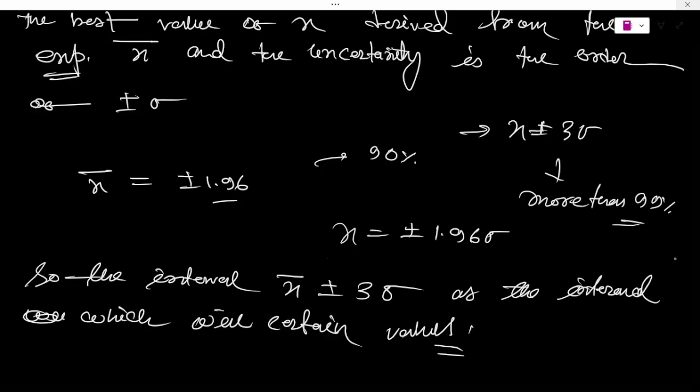Okay, so all this is true if the number of observations n is large. In practice, if n is large enough, the results are generally correct. So you have to find the standard deviation to find out the error.